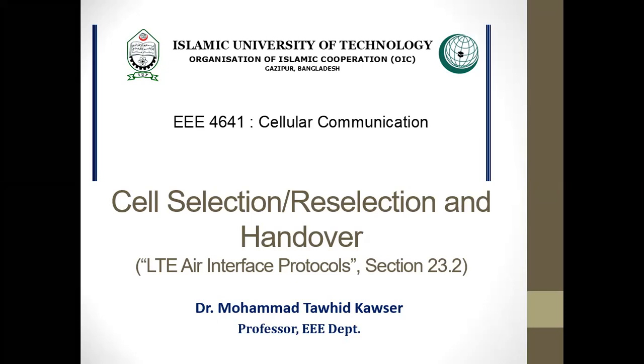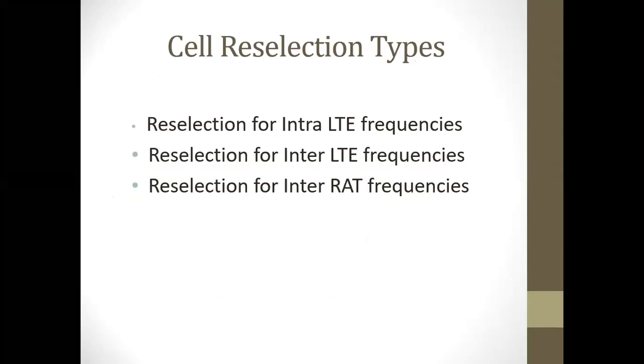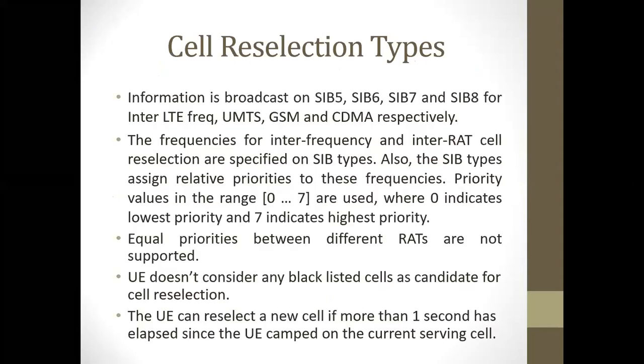This is called path switch on the core network side. So there is a lot more complexity and processing on the network end. These are completely separate things: cell reselection and handover.